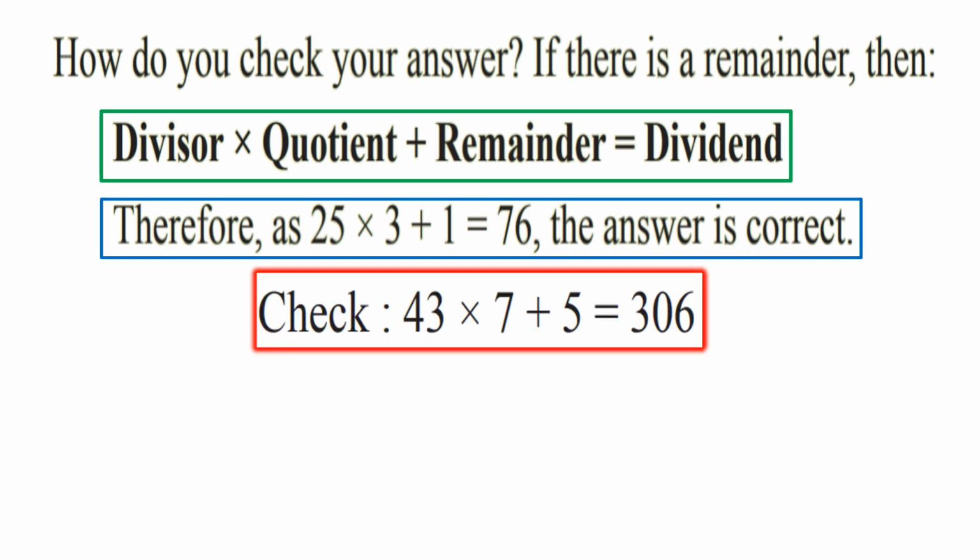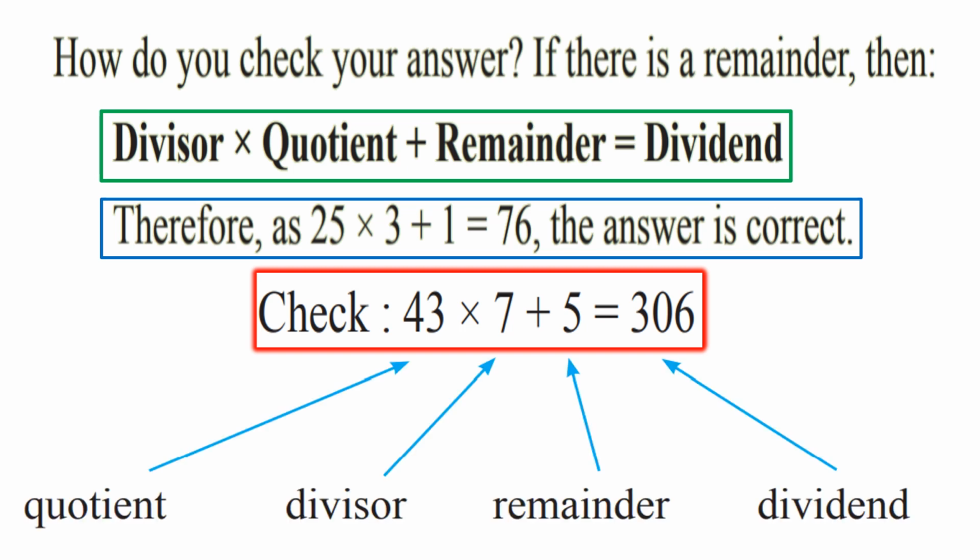Example number 2, we check that 43 times 7 plus 5 equals 306. This is for example number 2. The blue here is the check for example number 1, and the red here is example number 2.